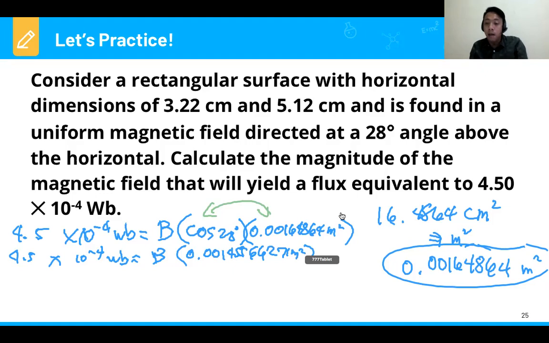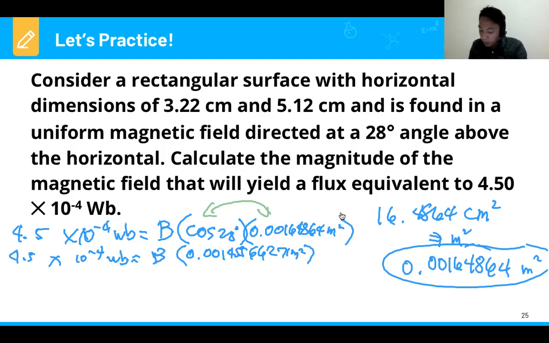So sabi ko kanina, kapag magmamano-mano tayo, we will just use the first two decimal places. Tapos mag-round off tayo. Tama? But here I am using all the numbers that are shown in the calculator para maging mas malapit na siya doon. But on the exam, just use two decimal places and then you need to round off the last one.